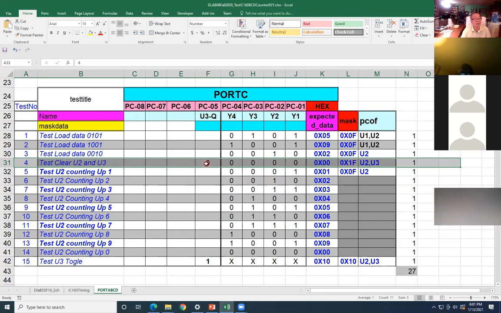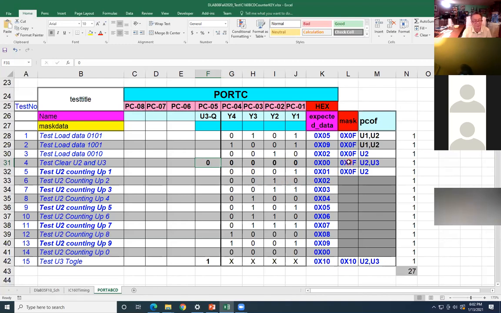And then, on the big one, U3 here, they also make sure it must be 1. You see that? I1 counter U2 output must be 0. And also I1 U3 output, make sure 0. So that's why the mask data has to be 1F.